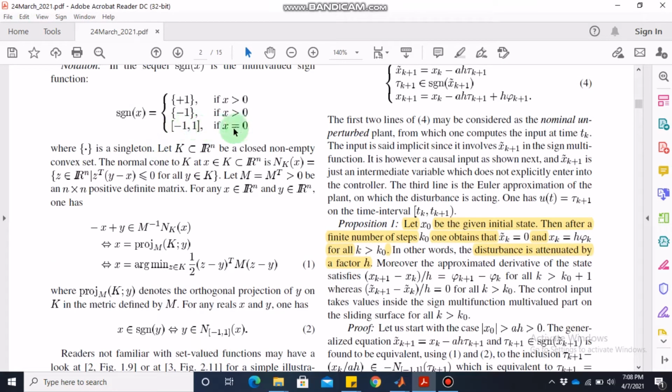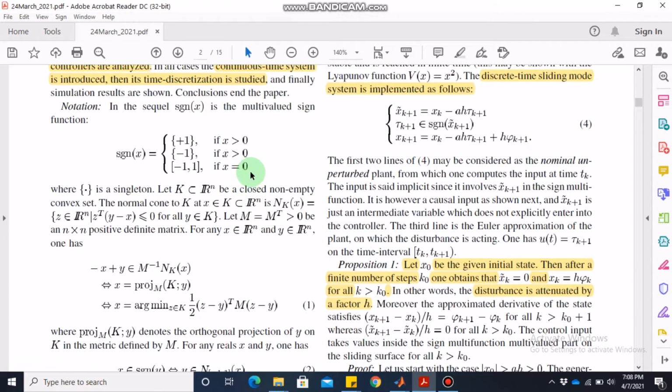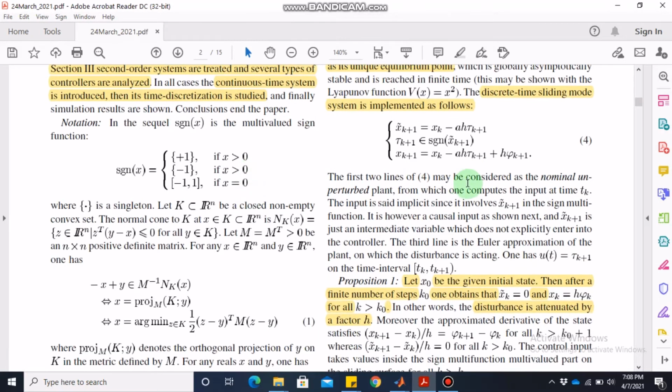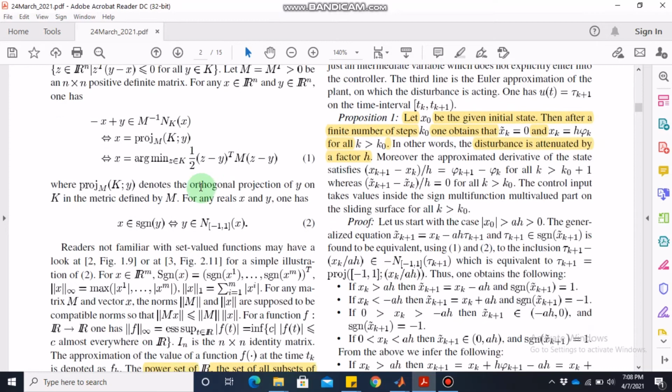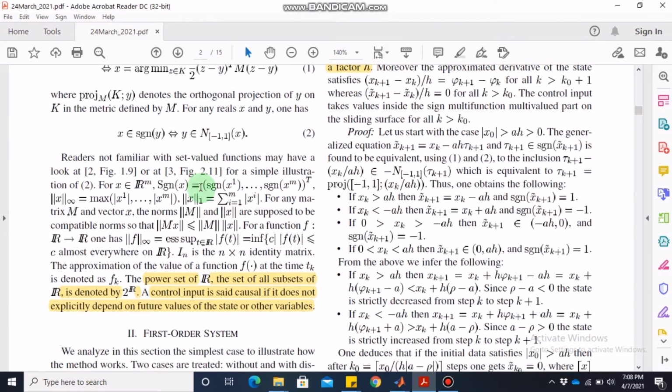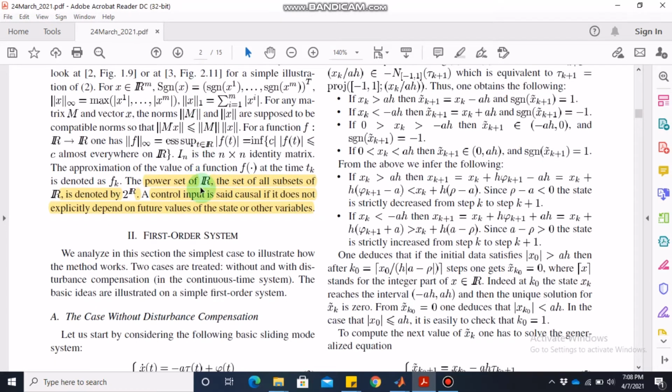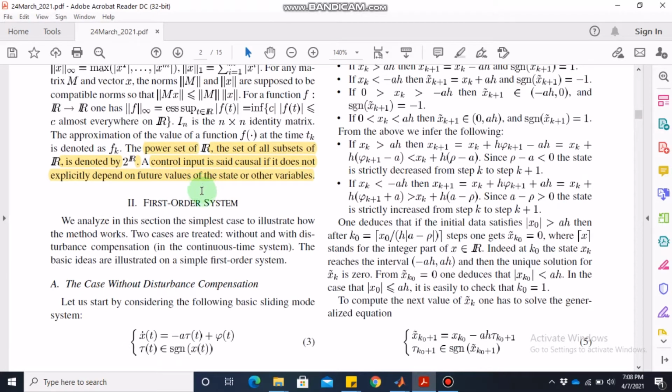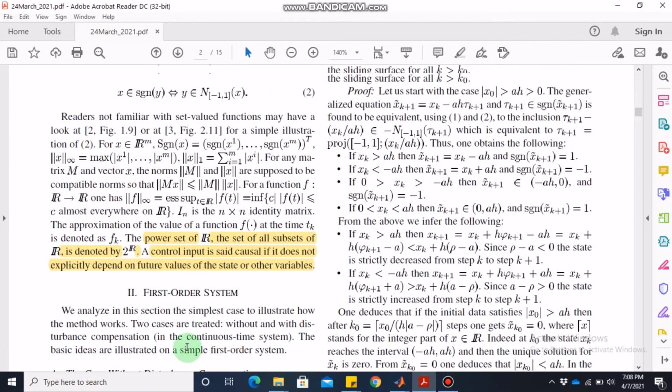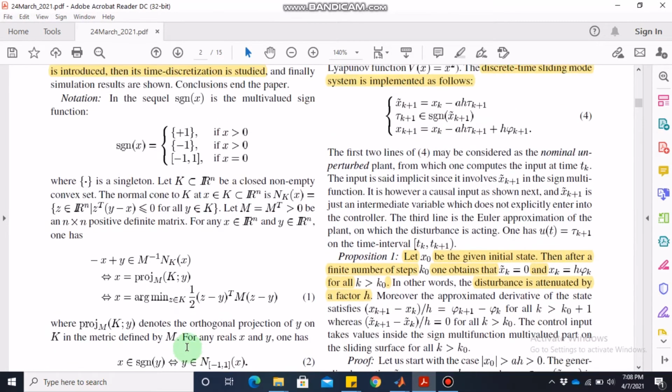So we will be using the conventional sine function in our simulations, but you can choose the function proposed by the authors, and even the conventional sine function lies within the definition of this sine function. So even if you are using the conventional sine function, it satisfies this definition.